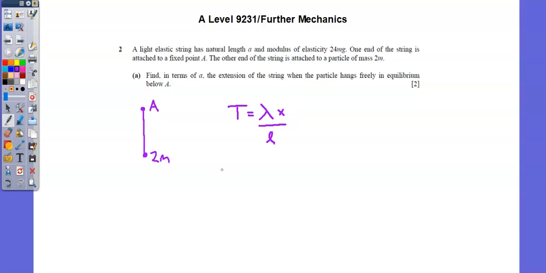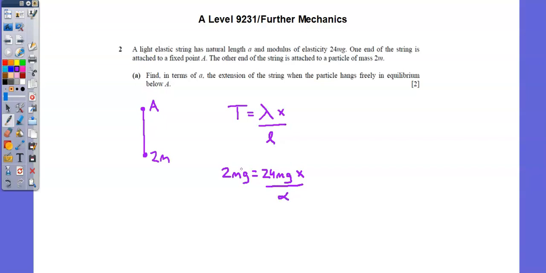Tension is 2m times gravity, going straight down, equals the modulus of elasticity given as 24 mg times x, the extension we're solving for, divided by the natural length of alpha.